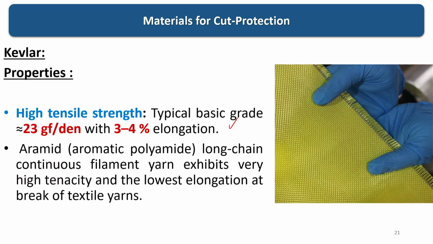So, it is an aramid fiber, para-aramid fiber, aromatic polyamide. It is a long chain continuous filament which exhibits very high tenacity and lowest elongation at break for the textile yarn, which are basically required for protective textiles.